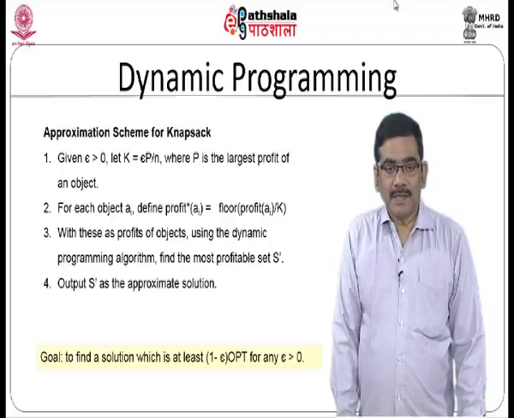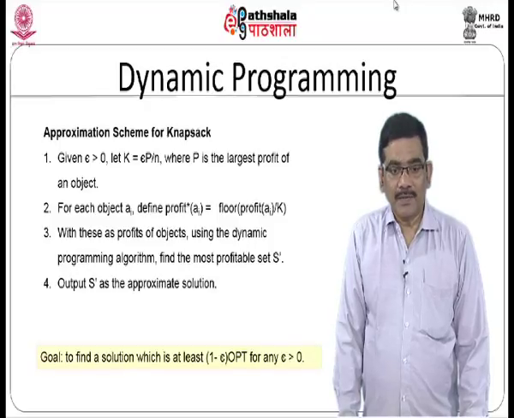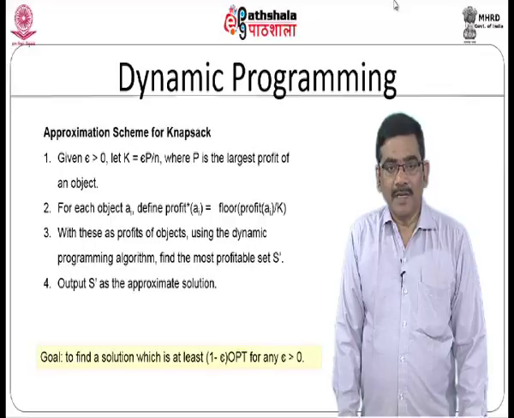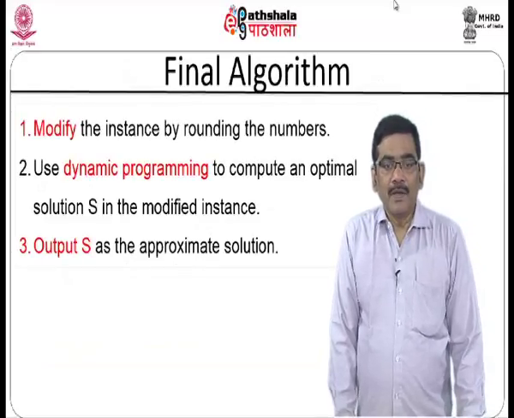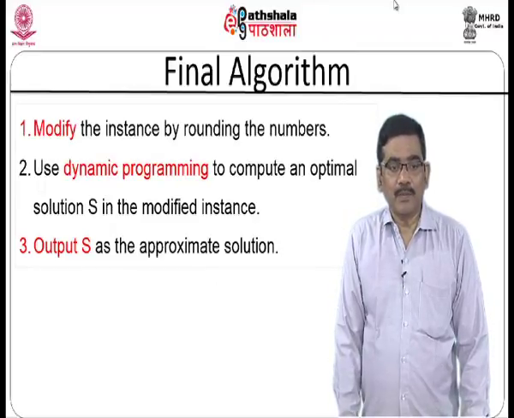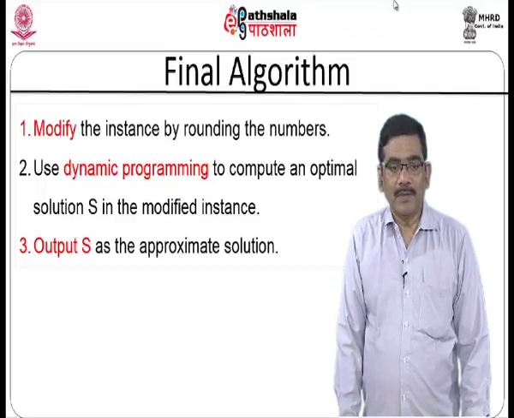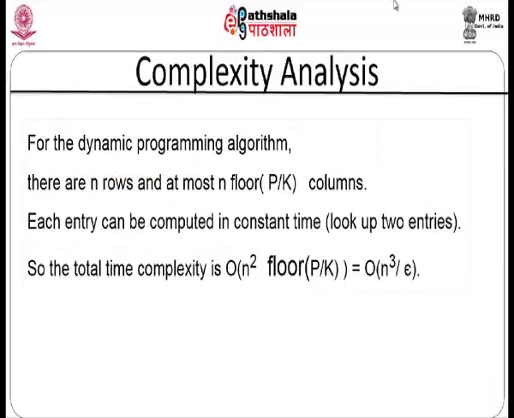So, this is the PTAS. That means the goal is to find a solution which is at least 1 minus epsilon times OPT for any value of epsilon greater than 0. So, this is what the final algorithm will look like. We modify the profits, then apply dynamic programming to compute the optimal solution, and then output S prime as the approximate solution.